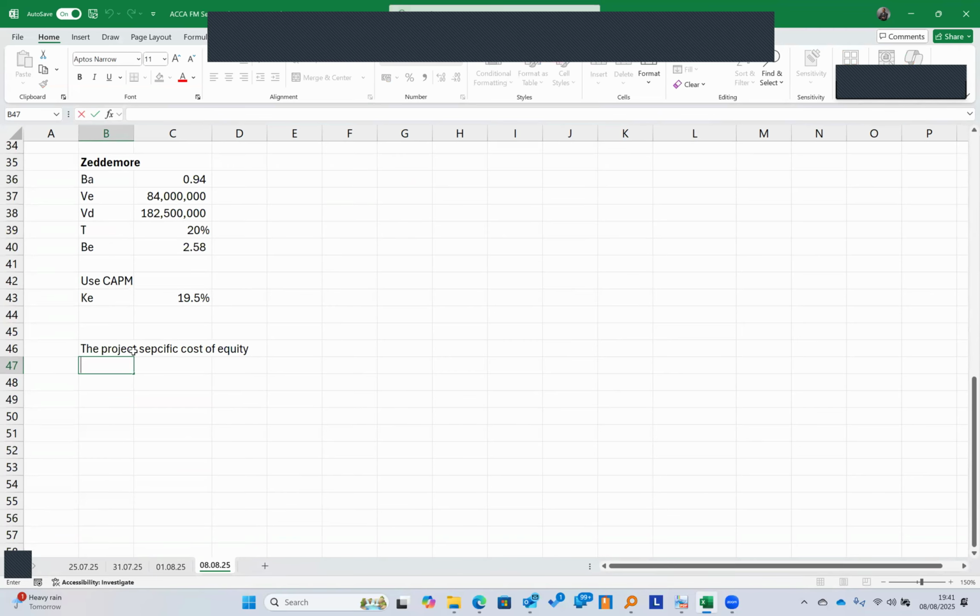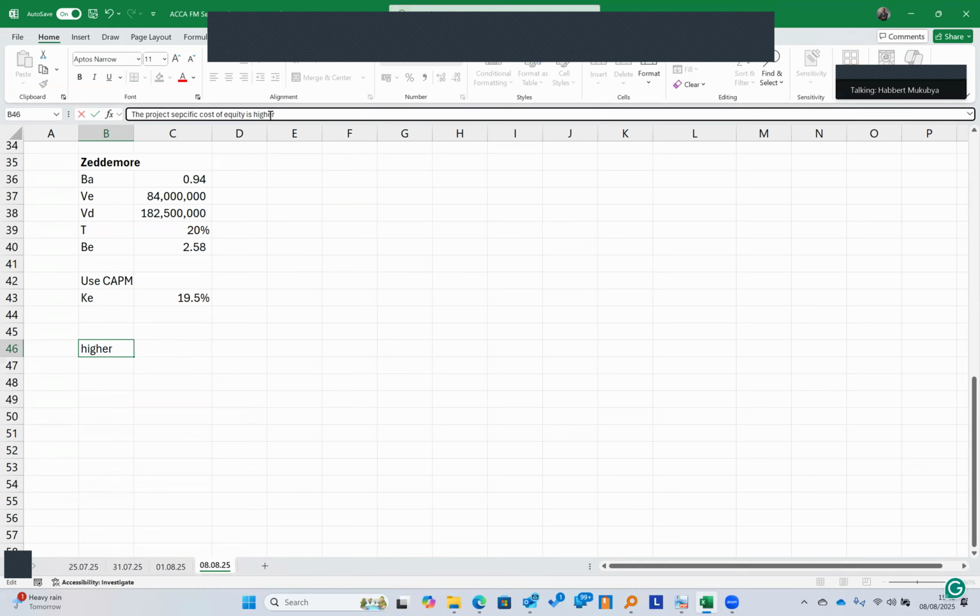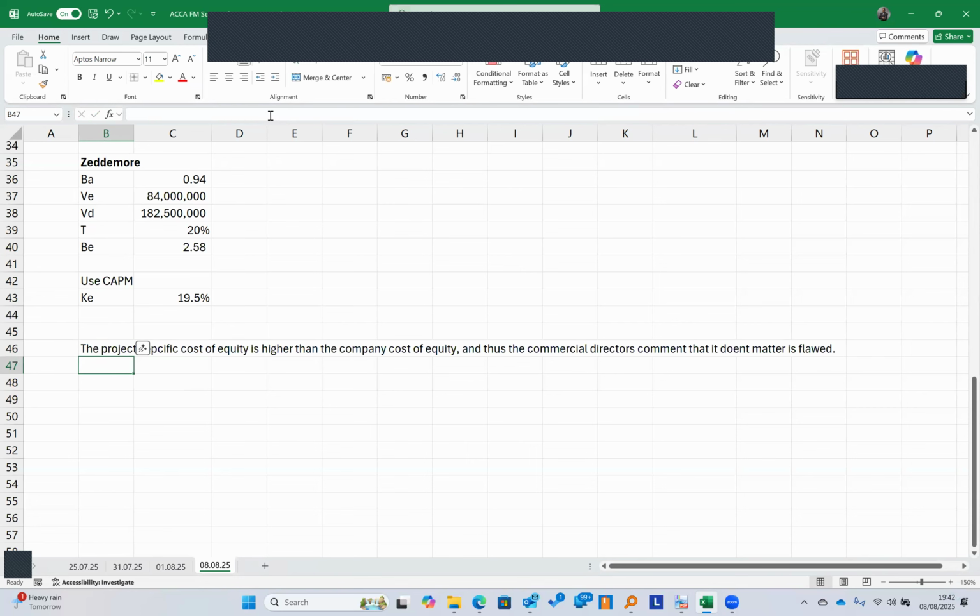So we are saying that the project specific cost of equity is higher than the company cost of equity, and thus the commercial director's comment that it doesn't matter is flawed. And what does that mean if it's flawed?